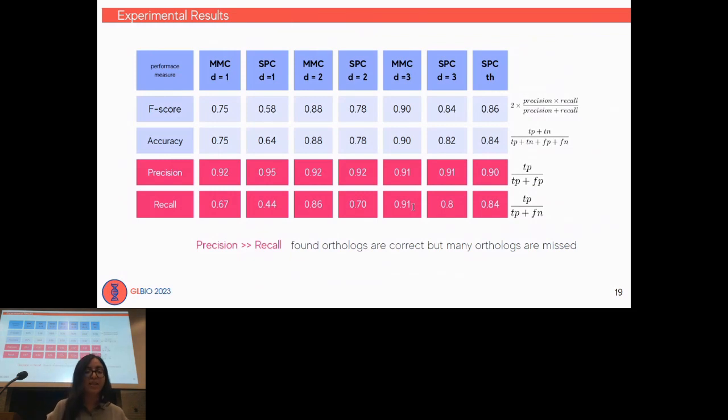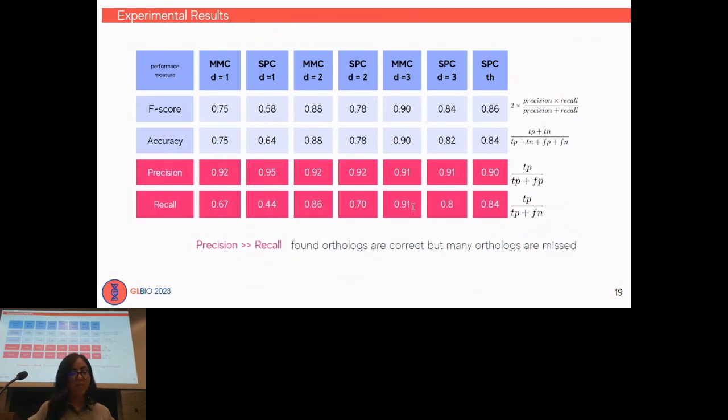We see in the experimental results that our method remains competitive with respect to spectral clustering. Spectral clustering is SPC, and our method is MMC. We see that precision is greater than recall in most of our experiments. This means that the orthologs found are correct, but we miss many orthologs.